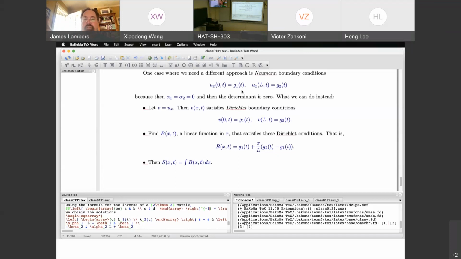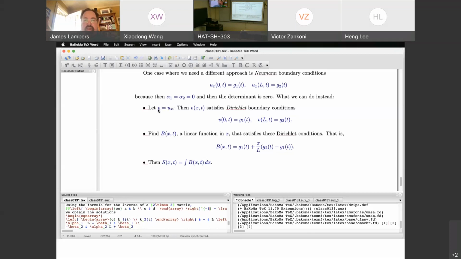Well, then you take a derivative with respect to x, and because u is linear, its derivative is going to be a constant. You're not going to have a constant function be equal to g1 at one endpoint and g2 at another.